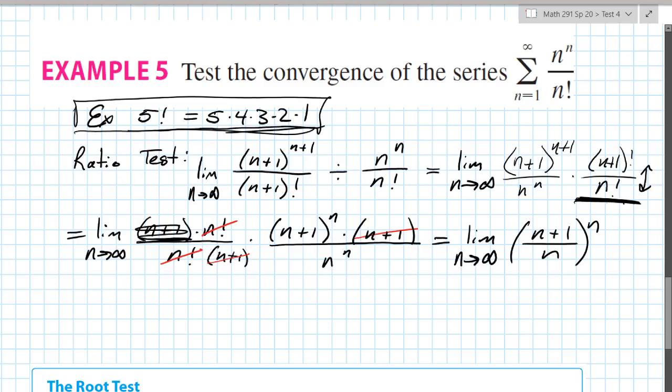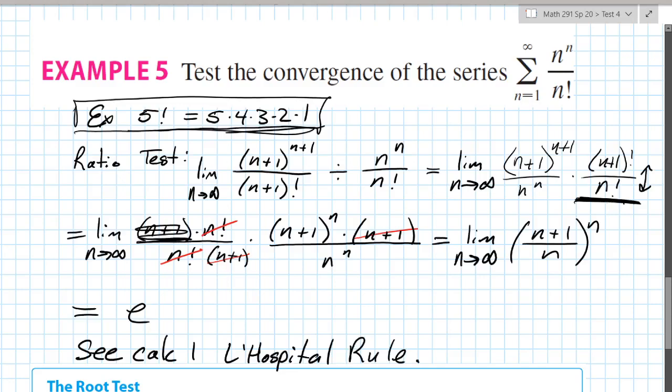So I'm not going to go through all of that, but this thing works out to be just e. See Calc 1, L'Hopital's rule. So that comes from the definition of e, or you can go back to L'Hopital's rule and see how we get that. But what is e?